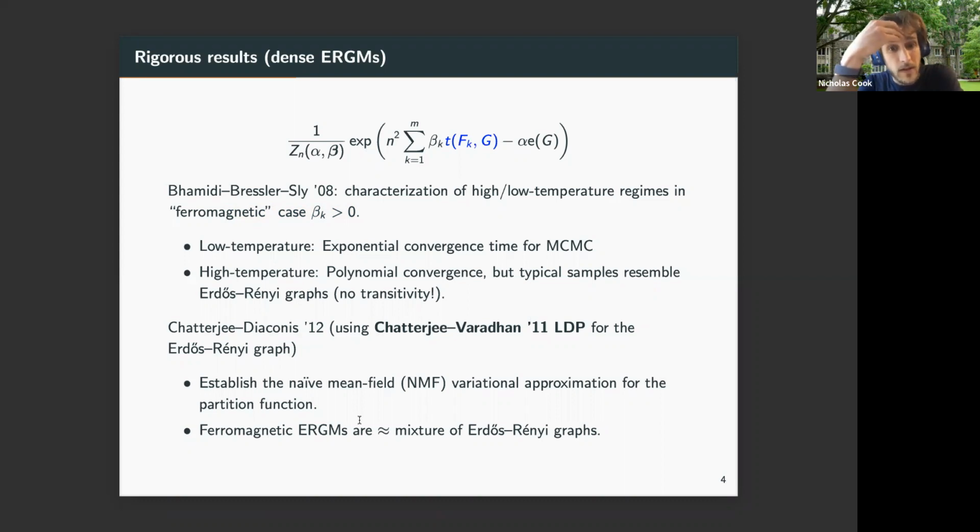So in some sense, the measures are looking like mixtures of Erdős graphs. Even in the exponential convergence time regime, it's just taking a long time to hop between one density and another density, but they're still trivial looking. So these are very nice, but very negative results for these sorts of models.